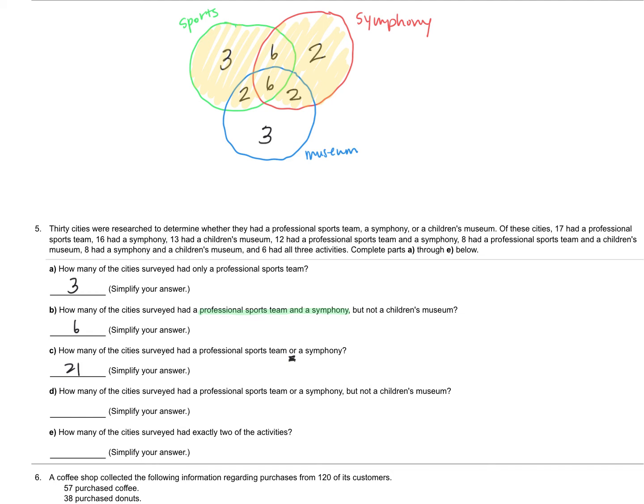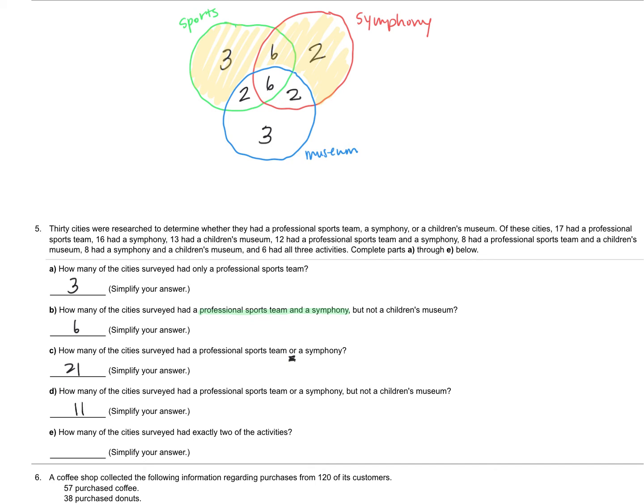Now it's saying, but not a children's museum. So we need to erase everything that's in the blue circle. So now the only thing that is included here is the 3, the 6, and the 2 that are still shaded in yellow, because that's sports or symphony, but not in the blue, right? It's not the children's museum. So that answer then would be 11.